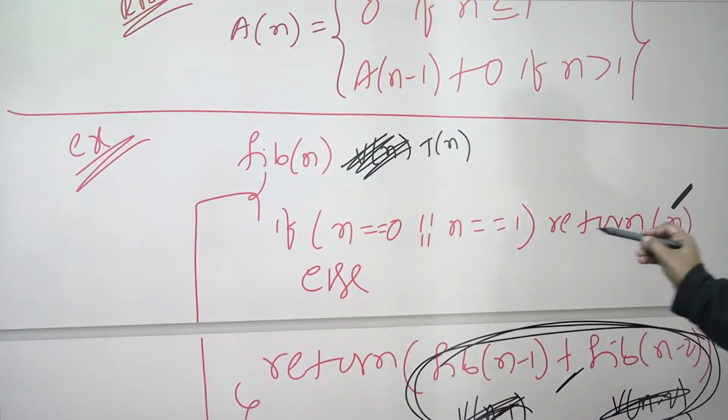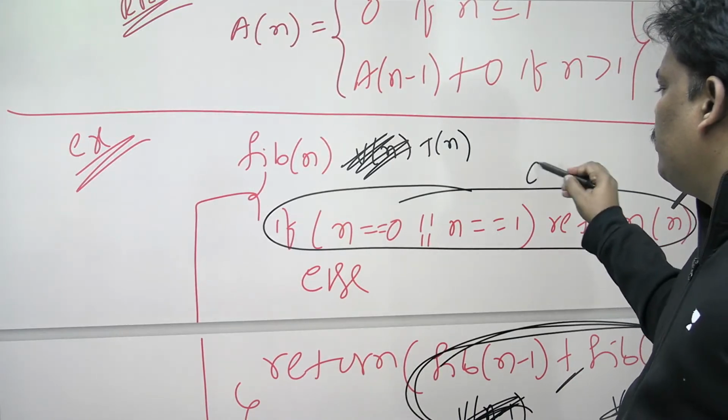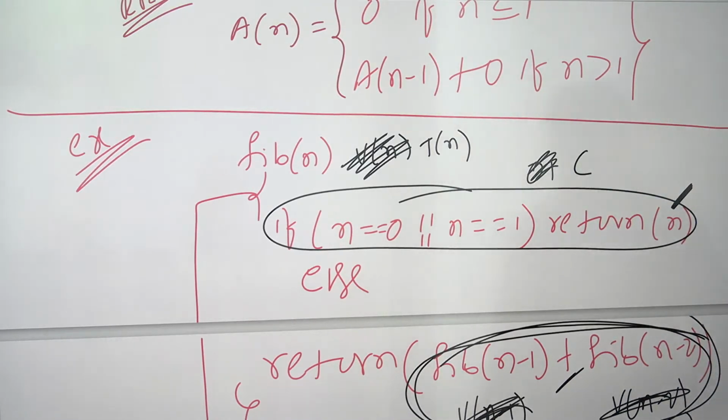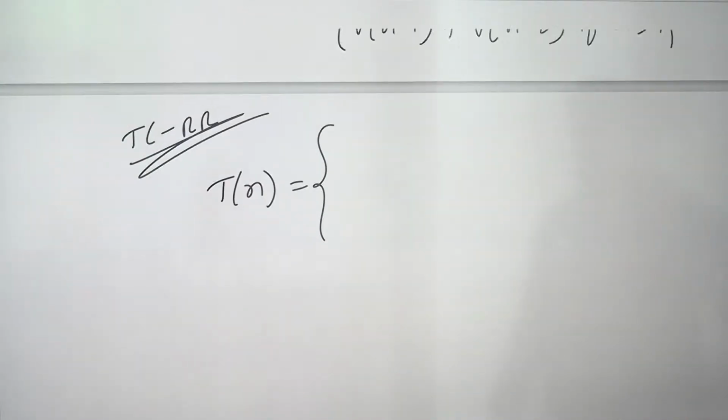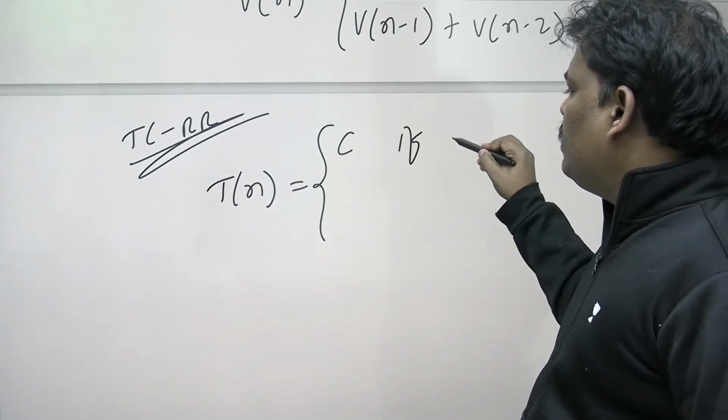In the if condition, anywhere loop? No. Constant. If you want, you can write C here also. Constant means order of 1. I think that's over. Let me write now.